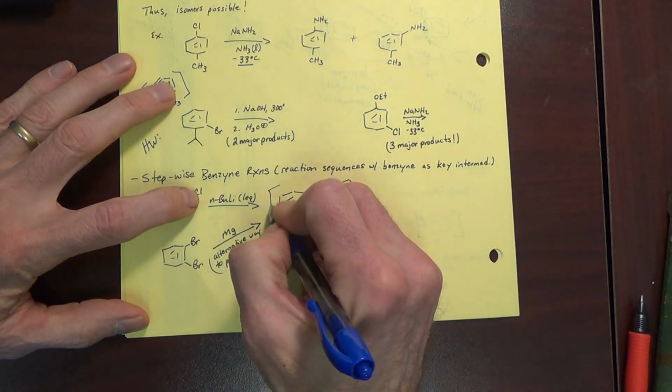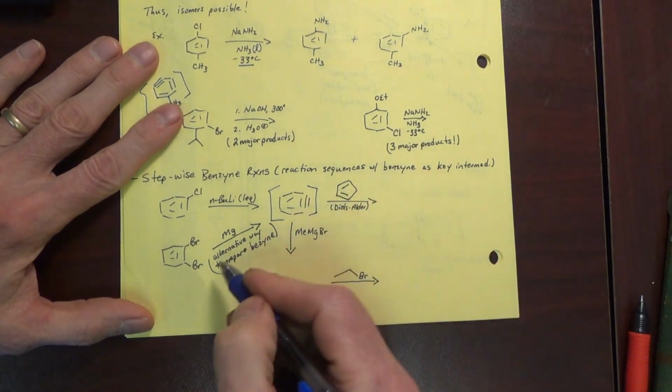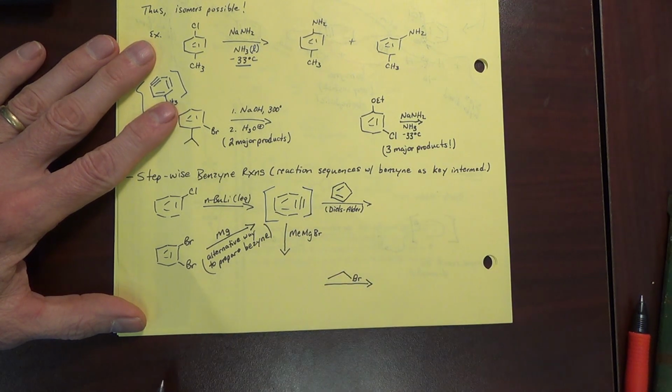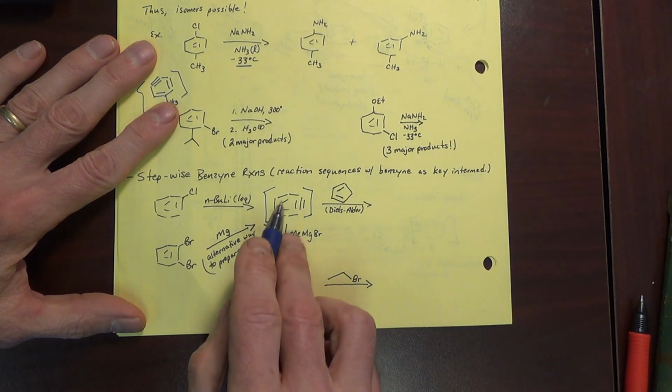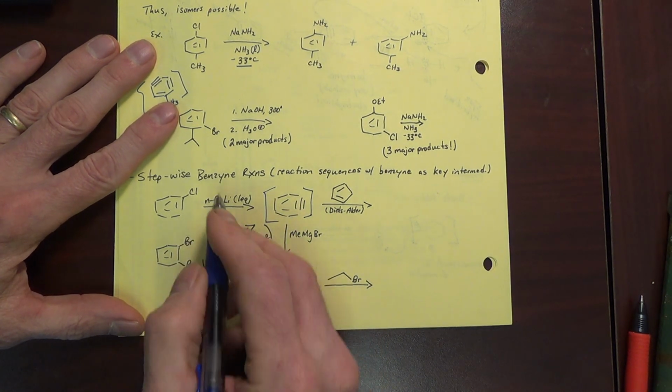We can make a benzyne in situ, and then we can come in with other reactants. We already saw a Diels-Alder reaction. But a way to make it in situ and to not have any nucleophile around is to use n-butyl lithium.